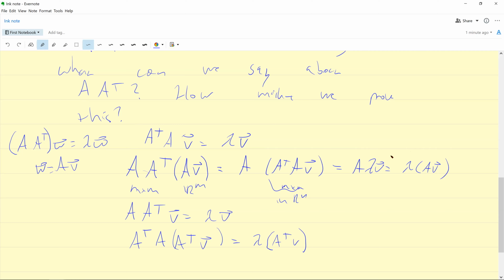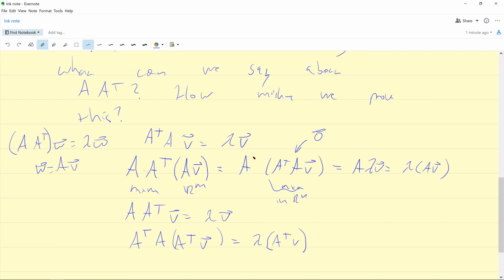This only works in particular for non-zero eigenvalues. If we have 0 as an eigenvalue of, say, A transpose A, then this vector AV is actually 0, and 0 trivially maps to 0.